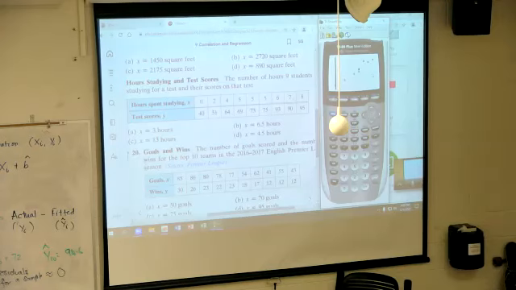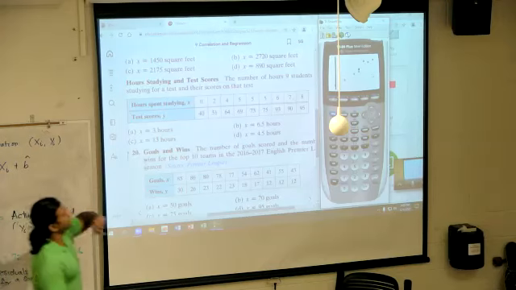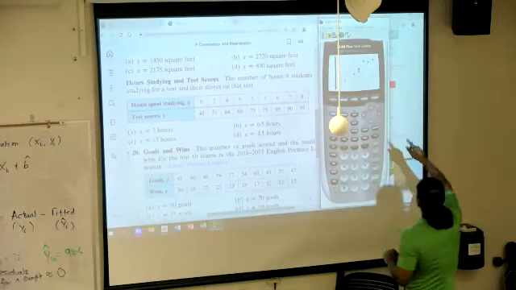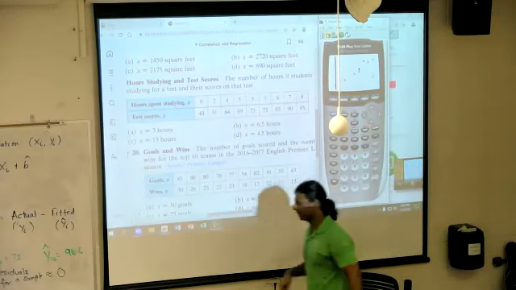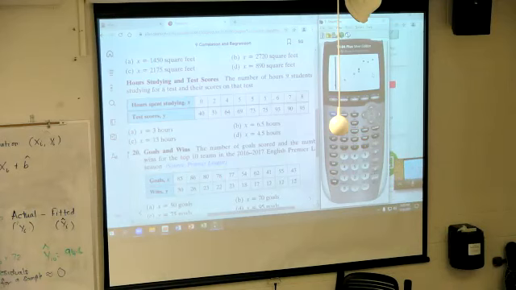And that is my data. You can see at 5, I've got a bunch of points really close to each other. Do we believe that there is a linear correlation between the hours spent studying and the test score?